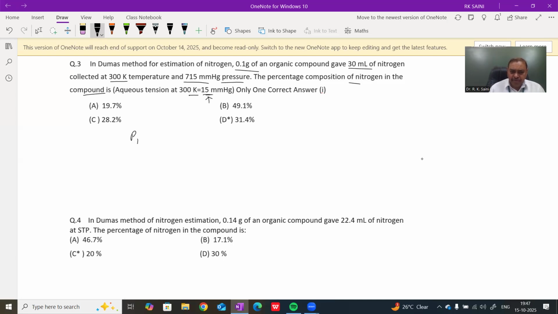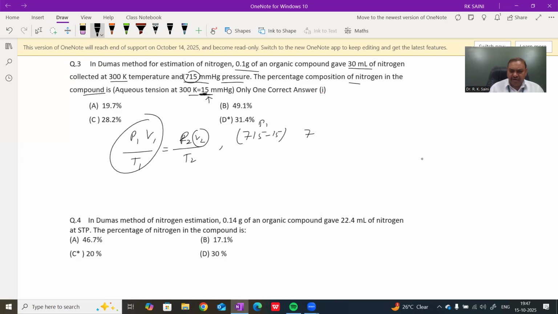Therefore, the pressure of nitrogen gas is 715 minus this. P1V1 upon T1 equals P2V2 upon T2. These are the experimental conditions. We find the volume of N2 gas at STP. The pressure of gas is 715 minus 15 because aqueous tension means moist, so the pressure of moisture is also counted.